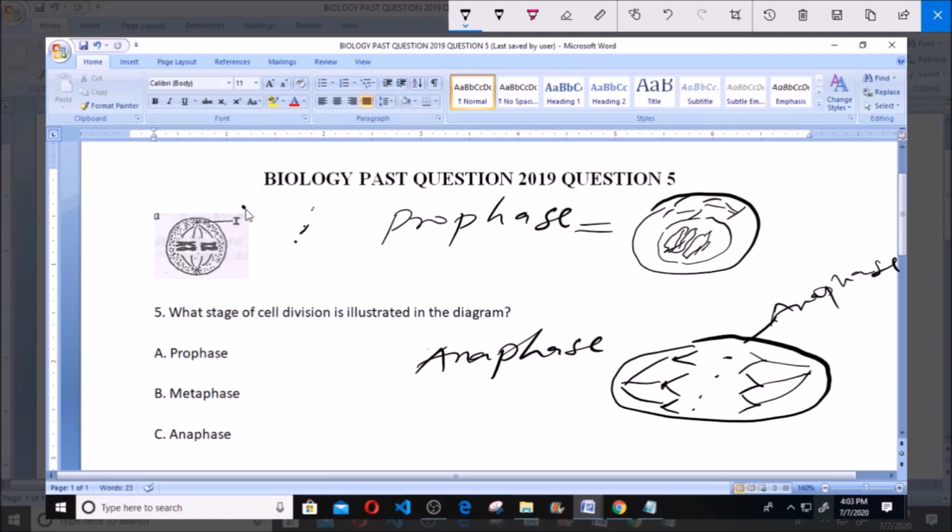Now for metaphase, the striking feature is the alignment of the chromosomes at the equator of the cell before they are split. The diagram is like this, just like the one we have here.